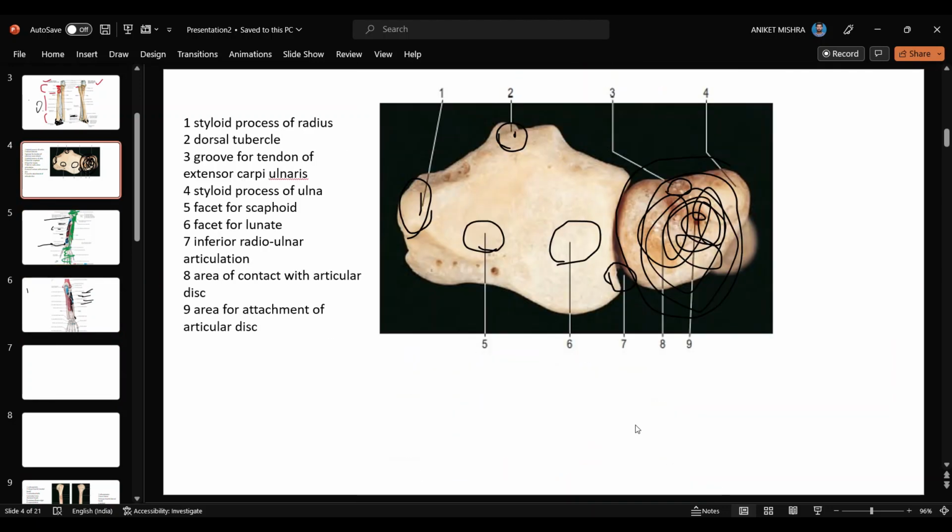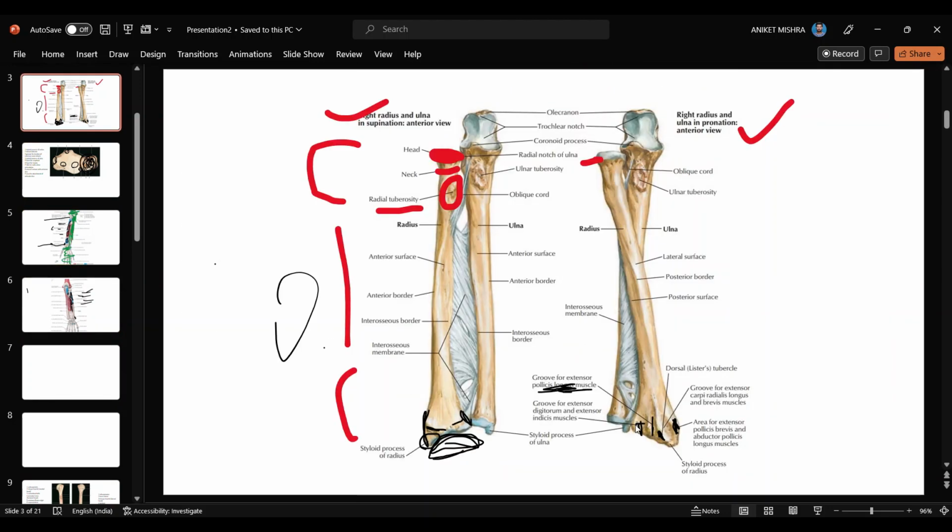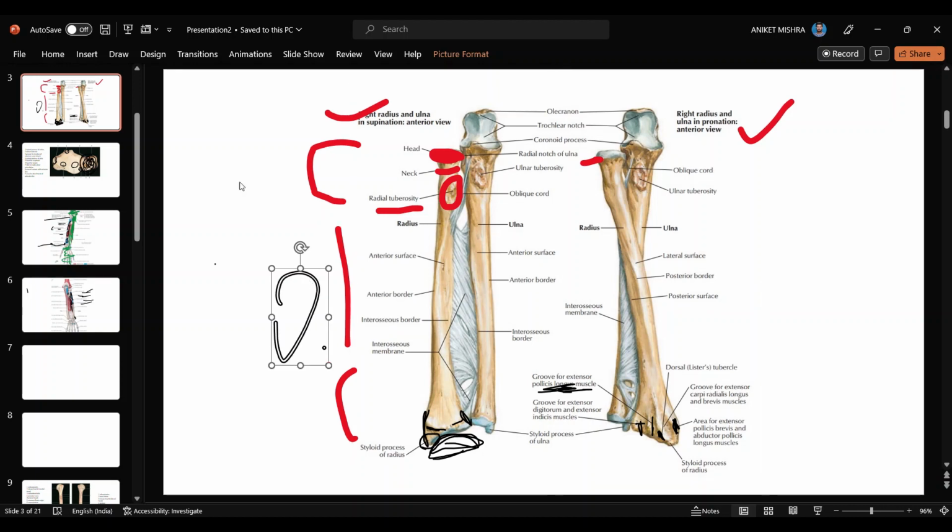Now the ossification centers. In the shaft there is a primary center, which appears at the 8th week of development.